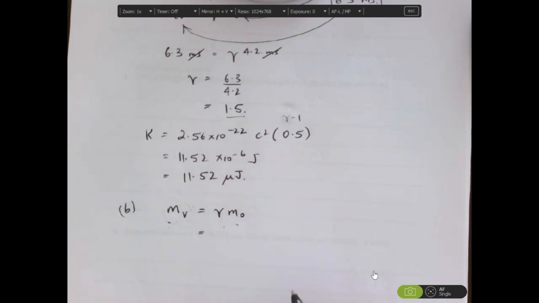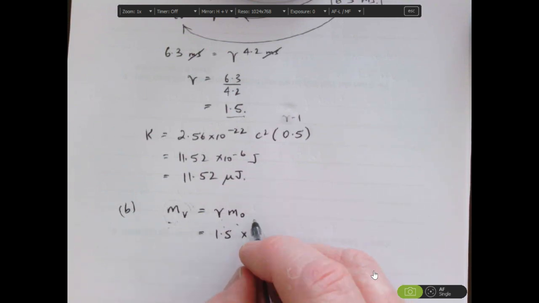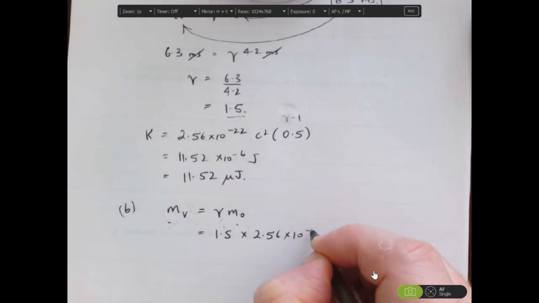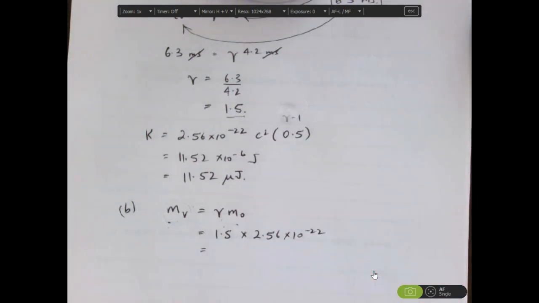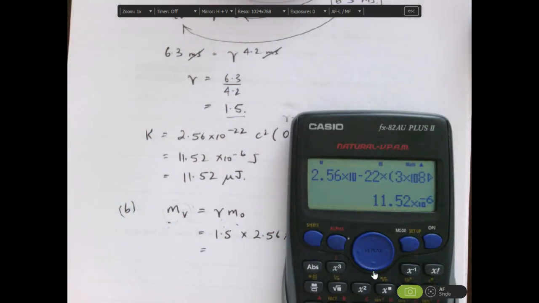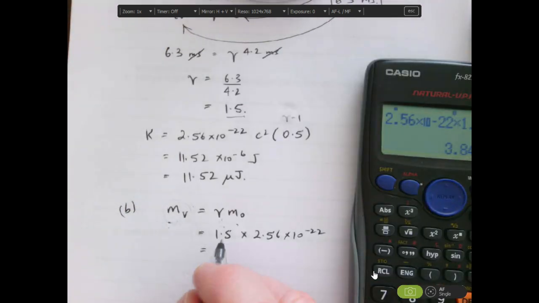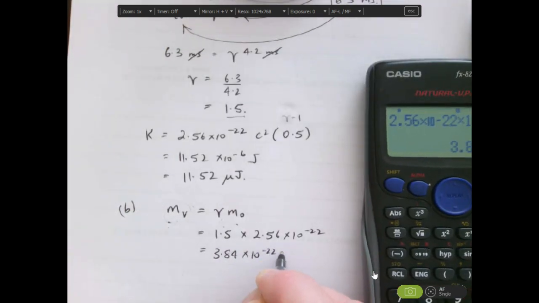We already know the gamma factor is 1.5, times the rest mass, which is 2.56 by 10 to the minus 22. So that's 2.56 exponent negative 22 times 1.5. It appears to be 3.84 by 10 to the minus 22 kilograms.